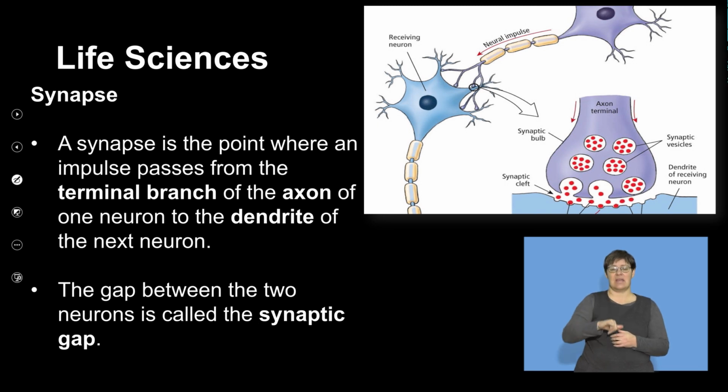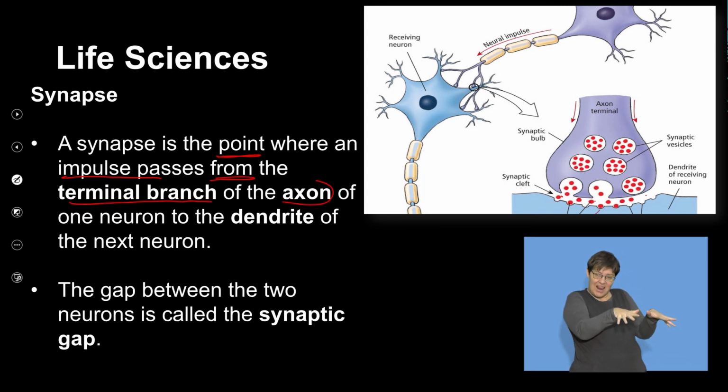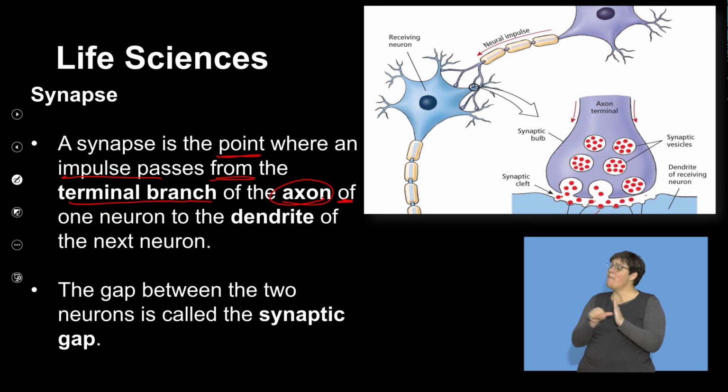The synapse. That is the space here between the neurons. We did talk about it, the point where the impulse passes from the terminal branch of the axon of one neuron to the dendrites of the next neuron. These words are very important.